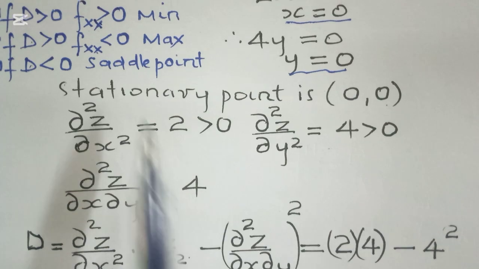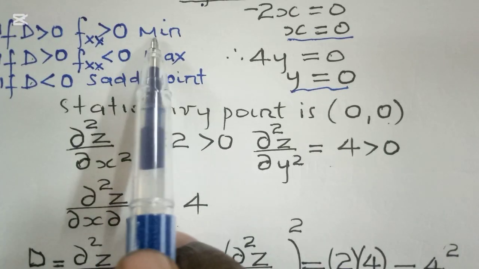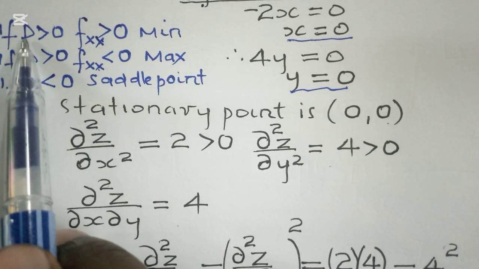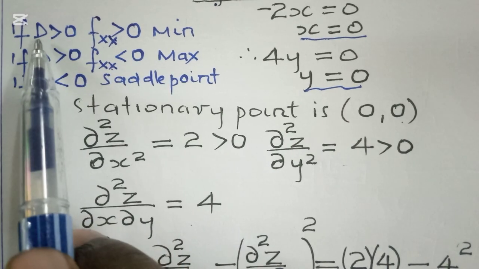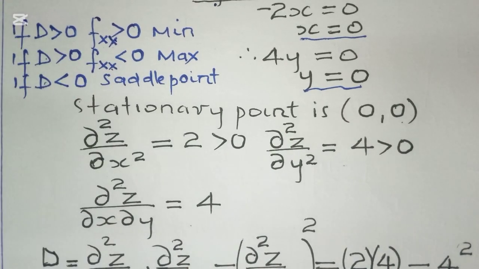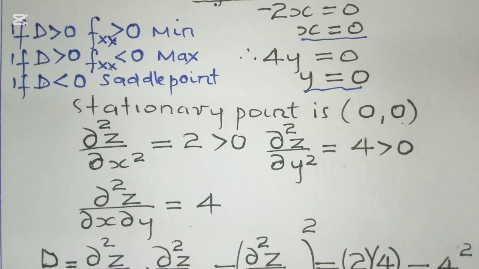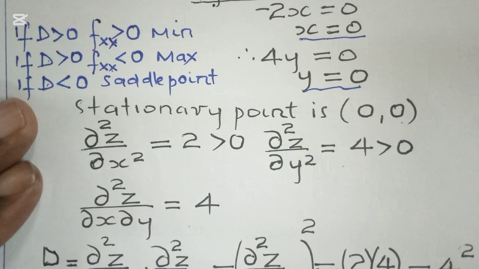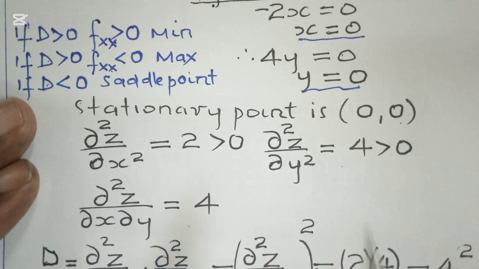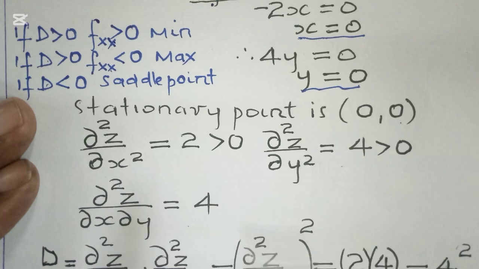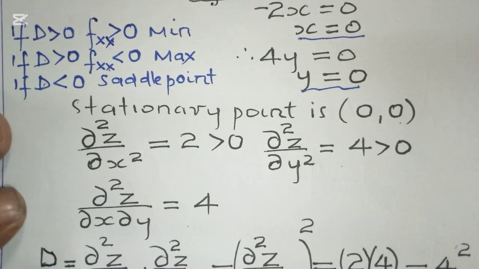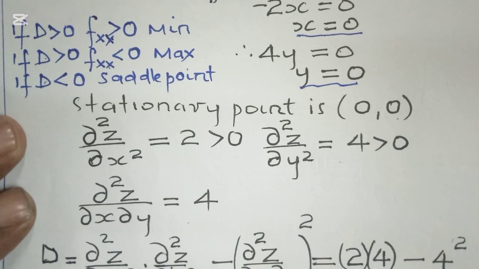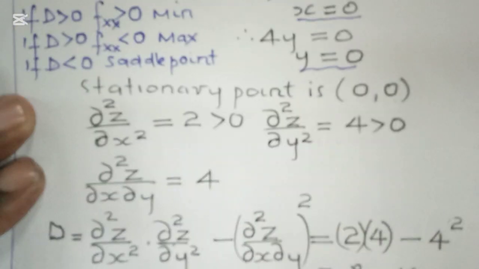Remember, as of now, we have found its minimum, but we still need to find whether it fulfills this condition, that is, the determinant should be greater than 0. So we now use this equation. Remember, we have already done that, and we have already done that. So we can now use D to determine whether our point is a minimum or a saddle point.